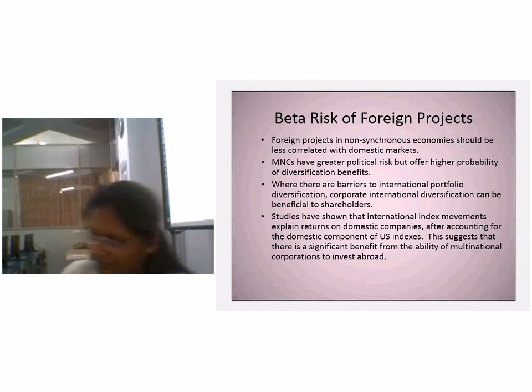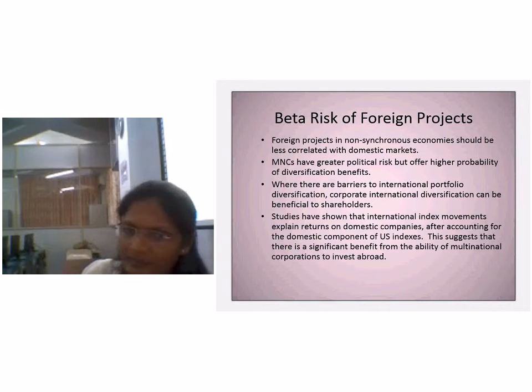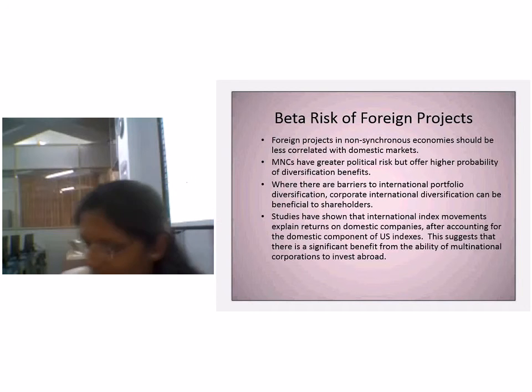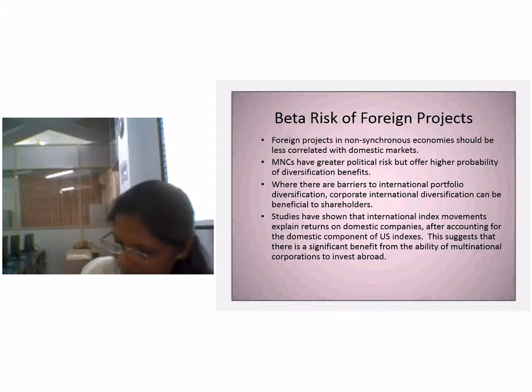At the same time, they are facing a higher political risk, right? So when we estimate the risk factor, we have to consider these things as well. These are qualitative factors that we should incorporate into quantitative aspects and consider when we value the beta, right?